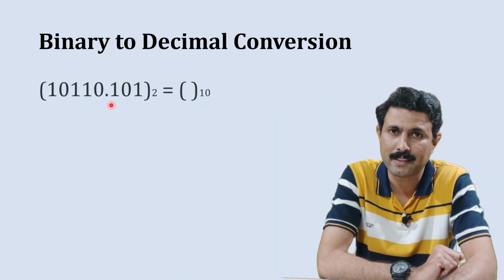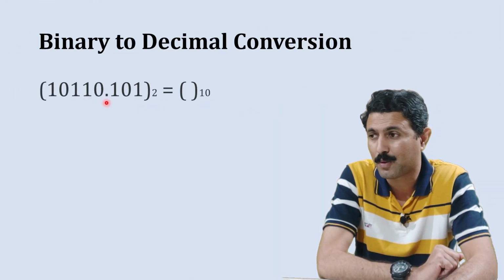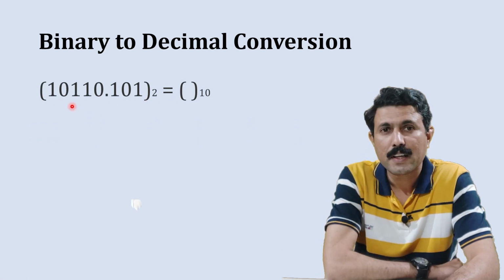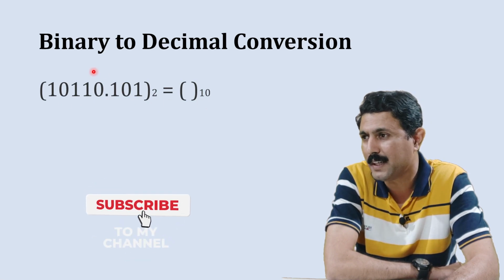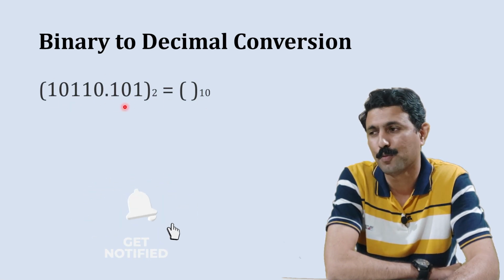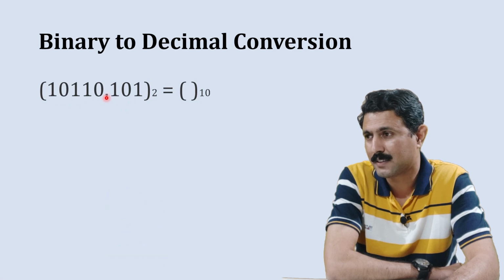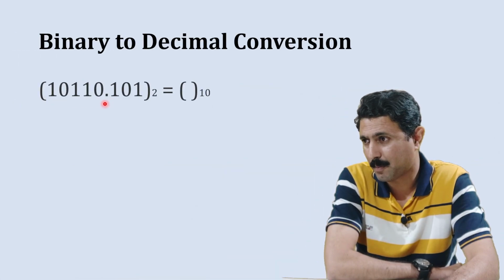So now we are jumping towards the second method, and here we are going to convert the fractional binary into decimal. In order to convert this fractional binary to decimal, you need to split this entire number into 2 parts. One part is the left hand side of the point and the other one is the right hand side of the point. So let's start with the left hand side of the point.